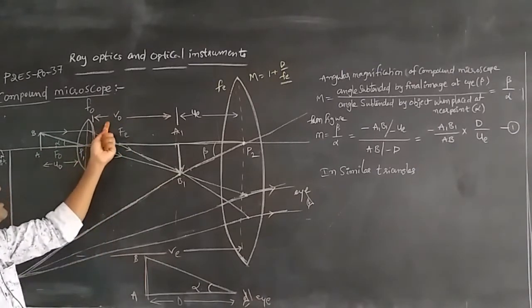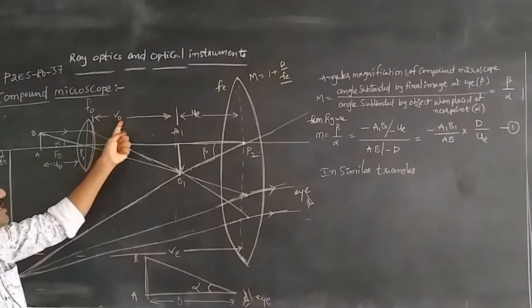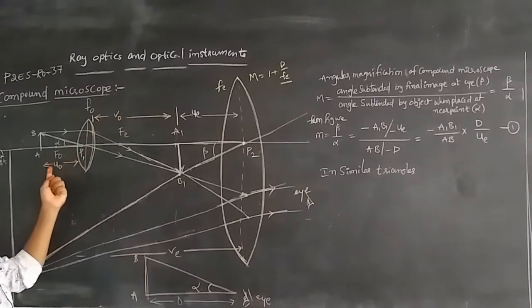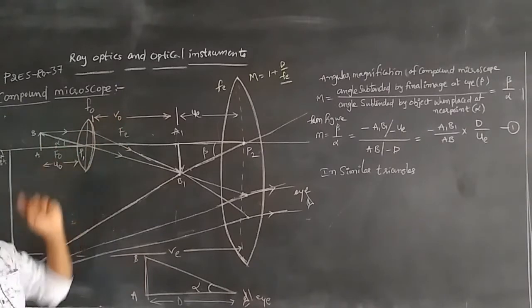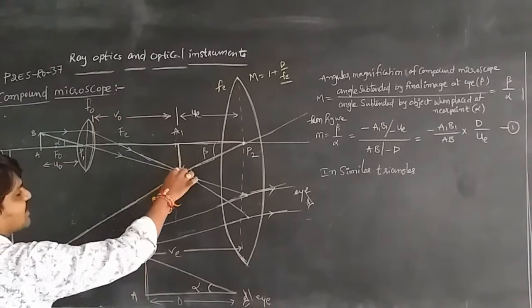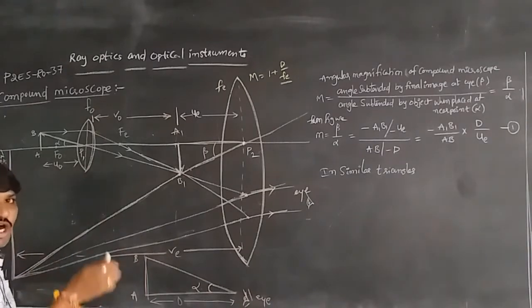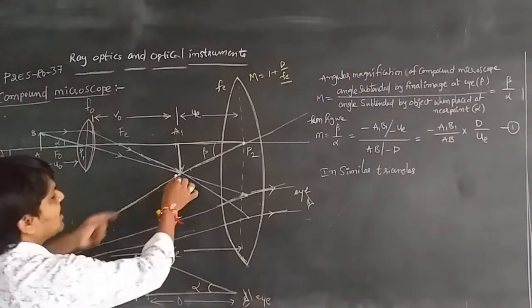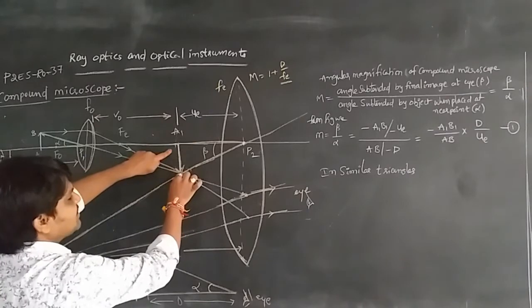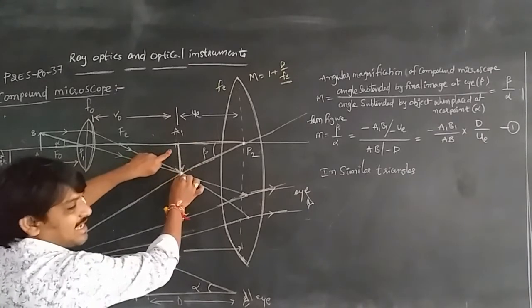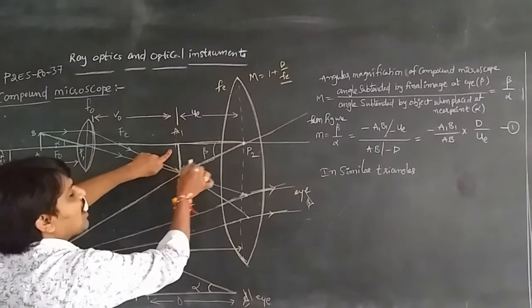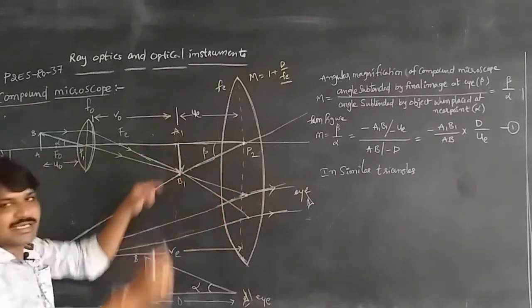So the image distance is v0, the objective side image distance. The inverted image is formed by the first lens, the object side lens, and this image acts as the object for the second lens.